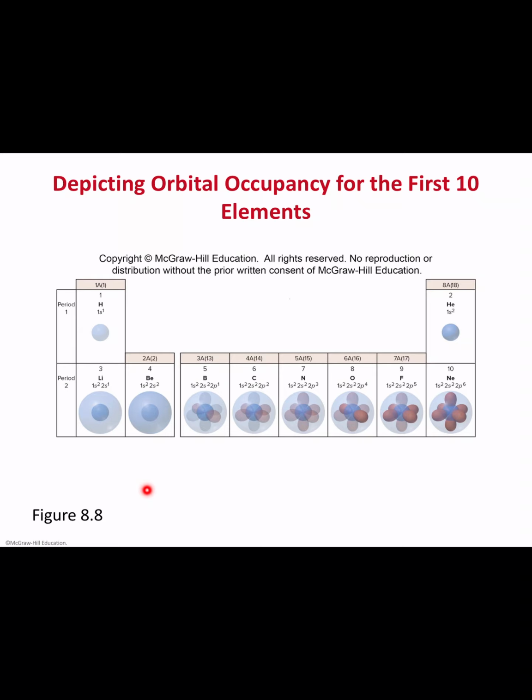Calcium would also be 4s2, then strontium would be 5s2, and then you have barium, and then radium. Likewise, they have the same outer electron configuration, s2. And if you take the third group, this would be 1s2, 2s2, 2p1. And then the next one, what comes after boron?